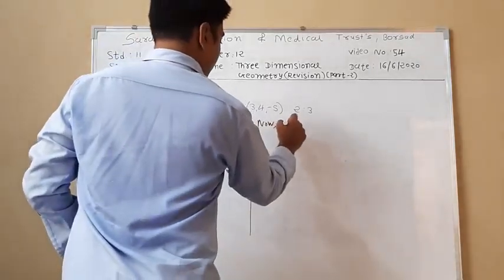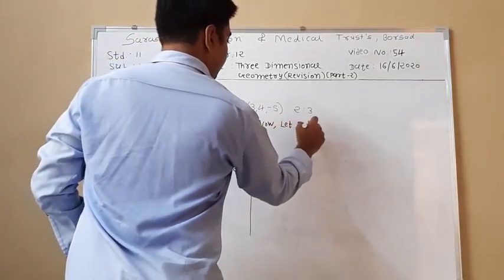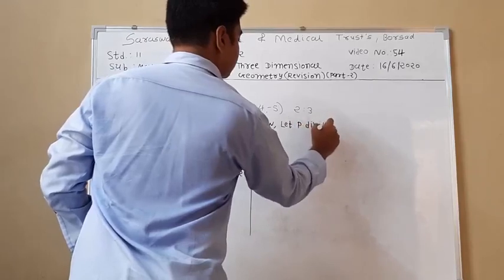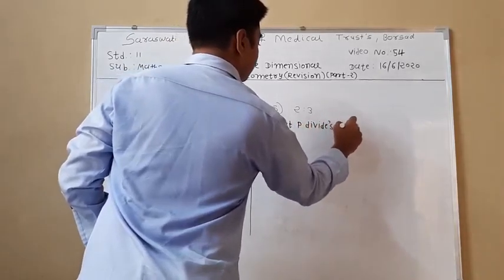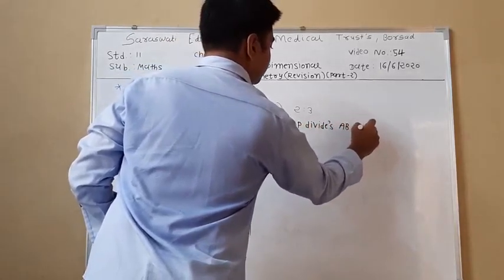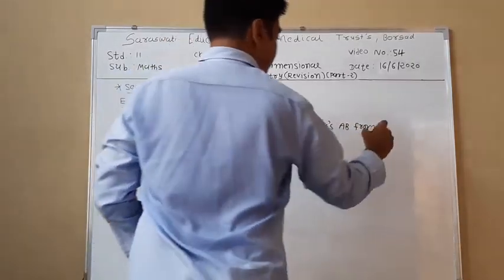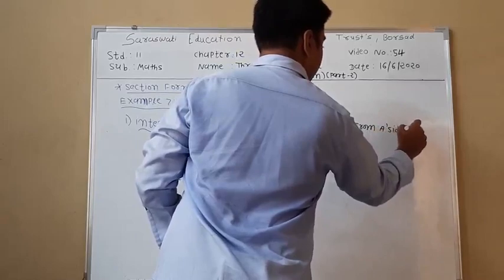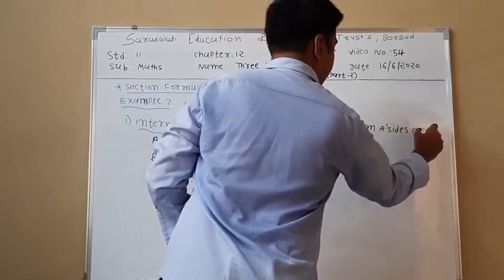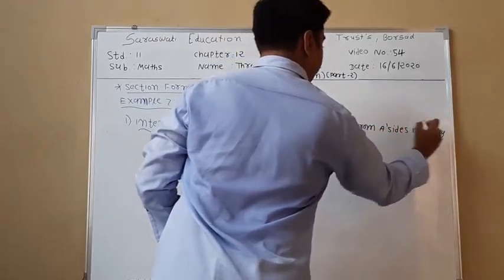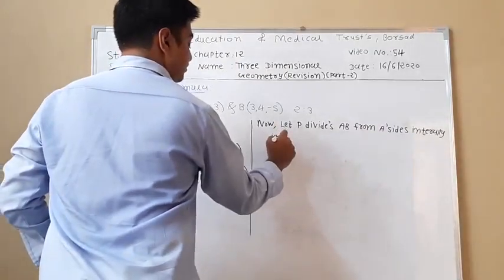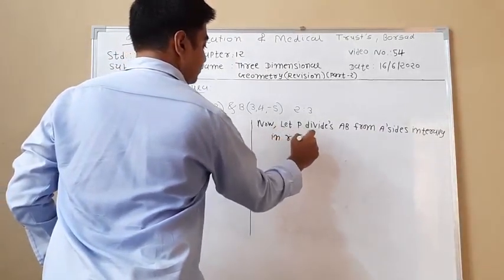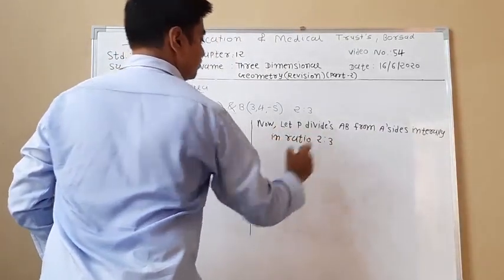So now let P divide AB from A side internally in ratio 2:3.